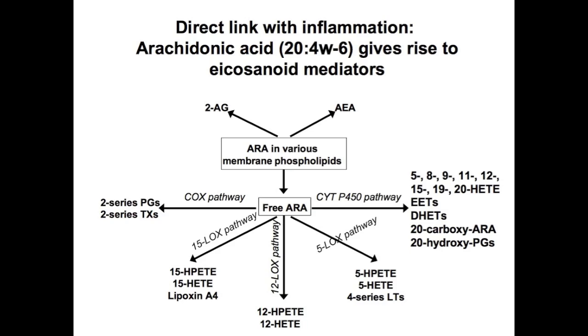When the cell is stimulated, that arachidonic acid is released, and then it acts within the cell as a substrate for some enzymes called cyclooxygenases, lipoxygenases, and cytochrome P450s. And these enzymes produce a whole family of chemicals called prostaglandins, thromboxanes, leukotrienes, and so on.